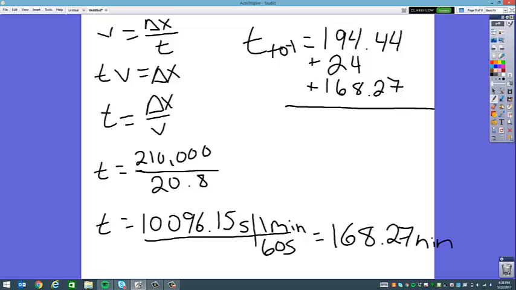Gives me 386.71 minutes, but if you look at the problem, they want it in hours. So that means I'm going to have to convert that.